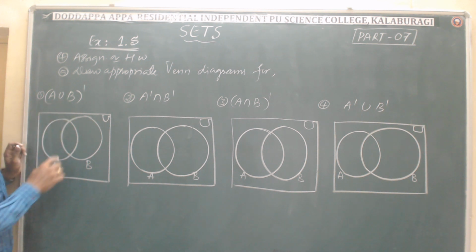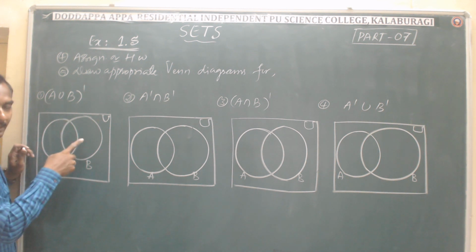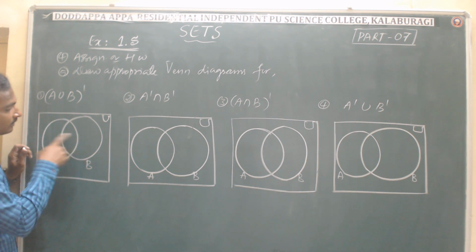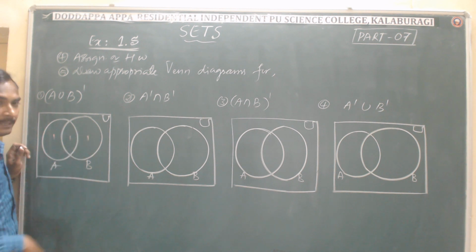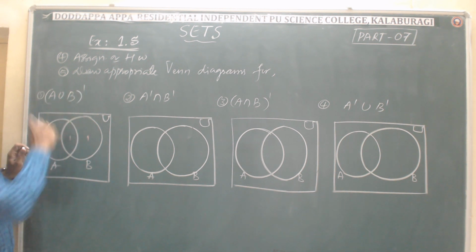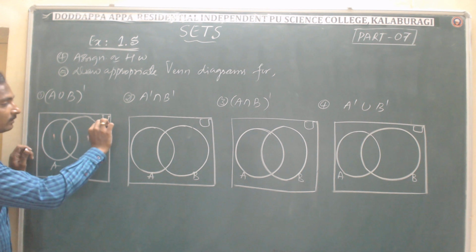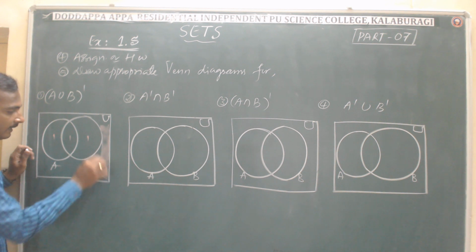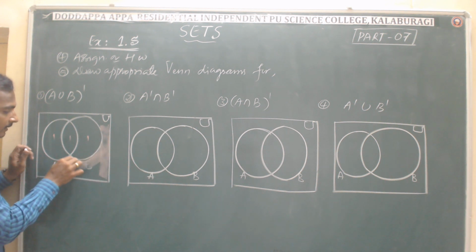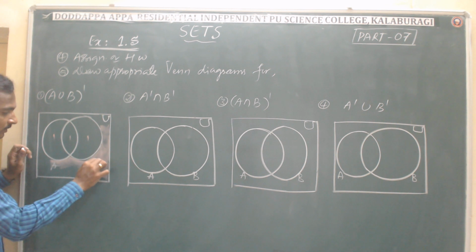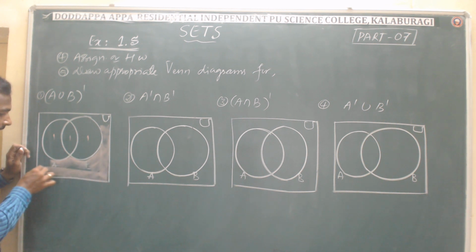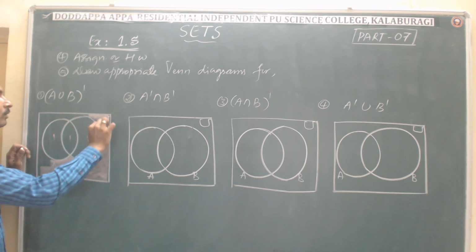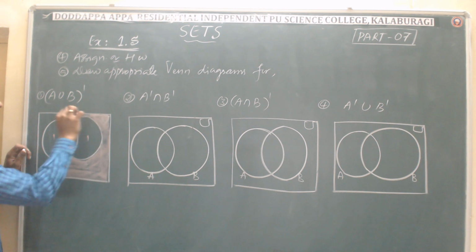You can see that A union B is the complete area of these 2 circles, which are the representations of the sets A and B. But we have to find the rest of the area apart from this area, which is the area other than A and B. Look at this, I am talking about this area. This area is A union B whole complement.